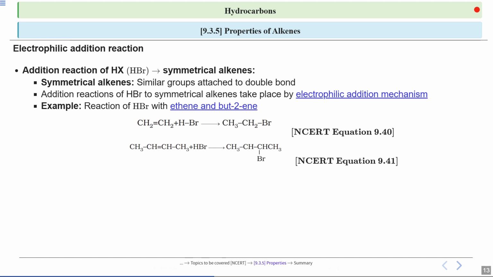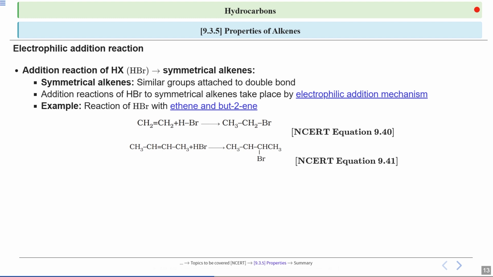Suppose you are taking ethene and reacting it with HBr, then it would give you only and only one product, which is but-2-ene. You can see here, if you add H on the left or on the right, it will give you the same product, which is but-2-ene. And the same can be said about the addition reaction of HBr to but-2-ene. Here also, the double bond has the same group on either side.